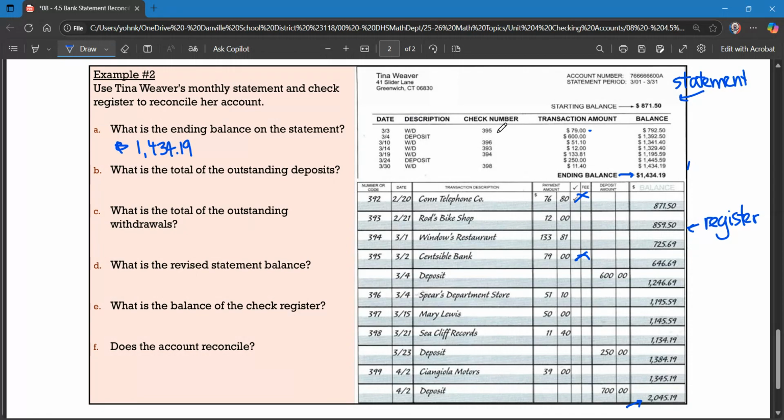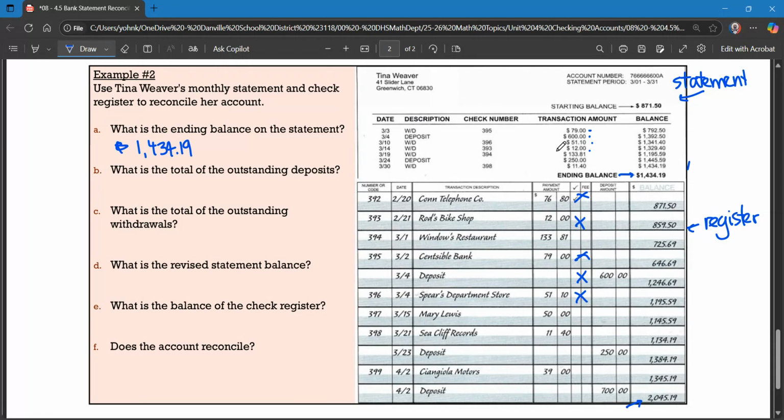Next one, a deposit for $600. So look in the deposit column. Here's the $600. I'm going to put a little X there. Okay, and I'm good there. Next one is check 396 for $51.10. All right, check 396 for $51.10. There we go. Next one is check 393 for $12. 393 up here, $12.